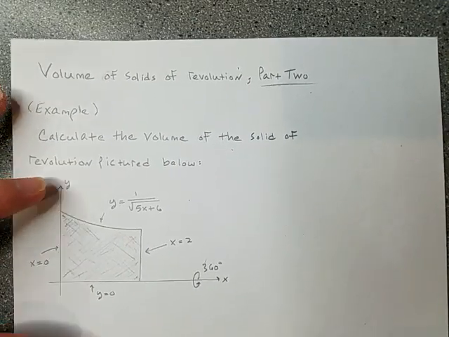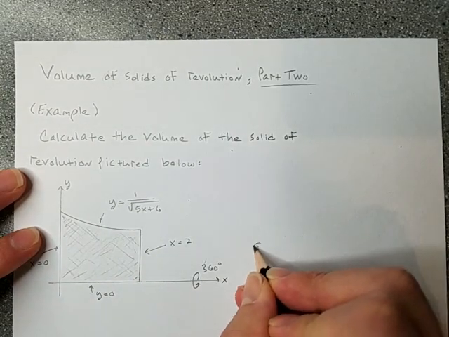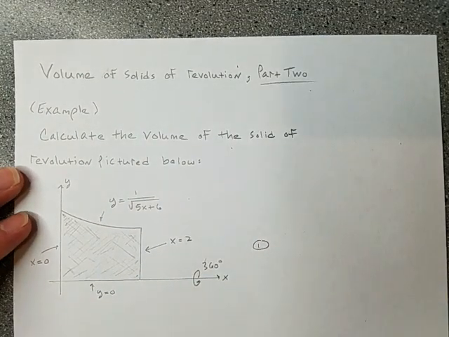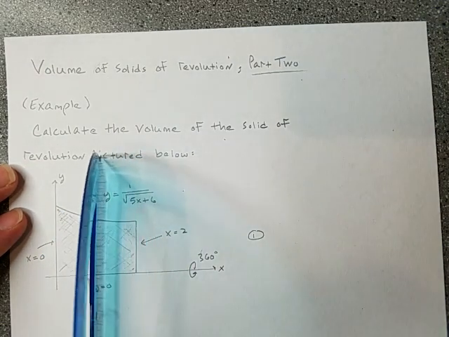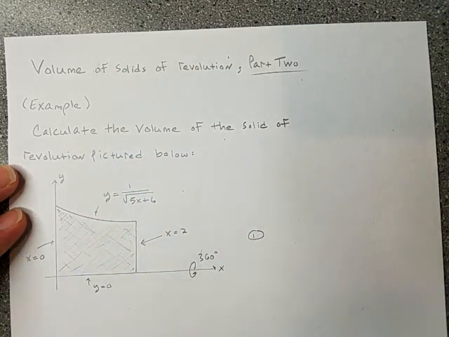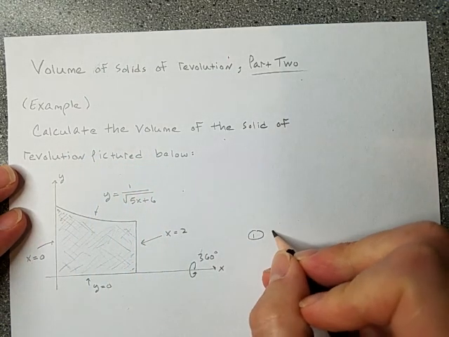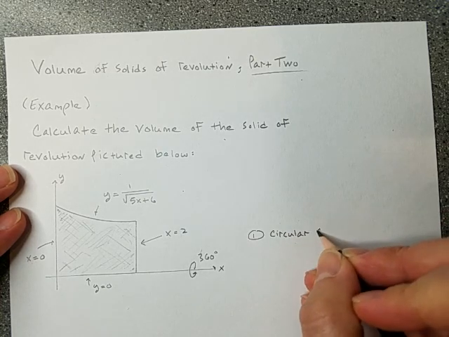So, all right, what is the volume? The first step is, what are the cross sections? What kind of shape are the cross sections? If I could take this three-dimensional shape and chop it up into tiny little slices, they would all be circular. So, circular cross sections.